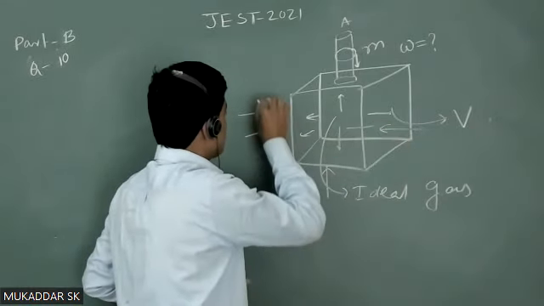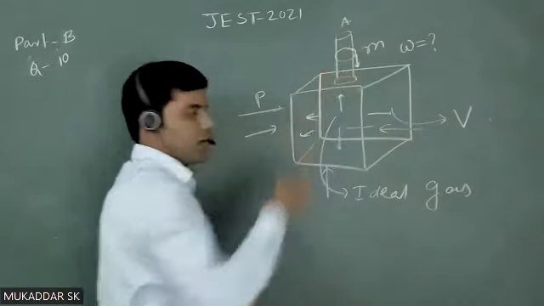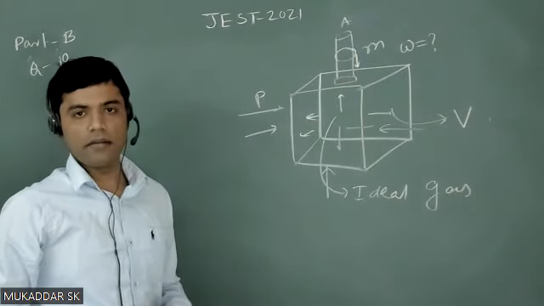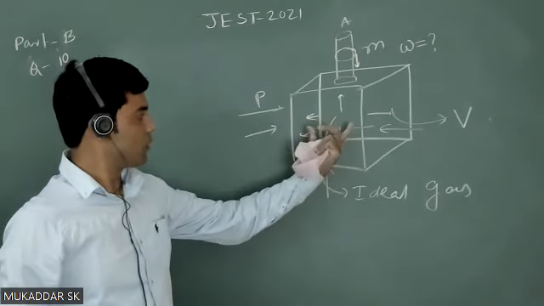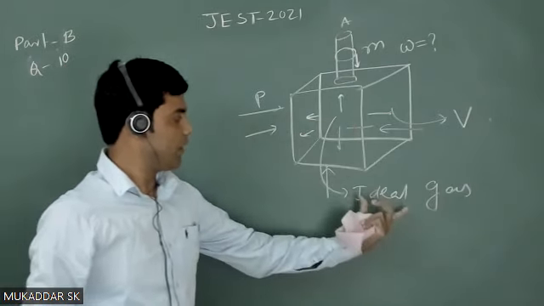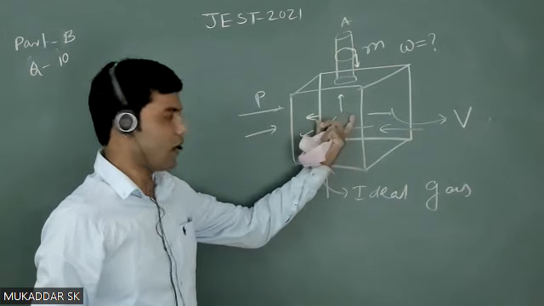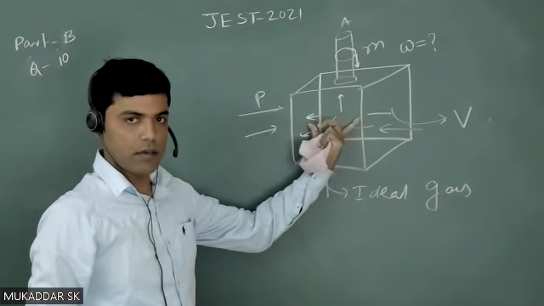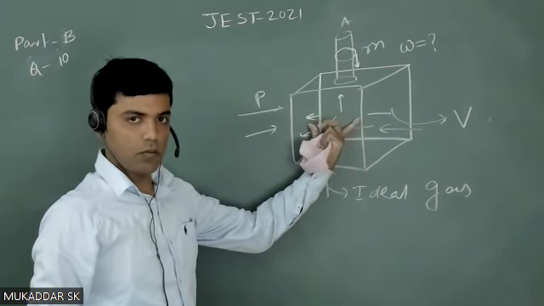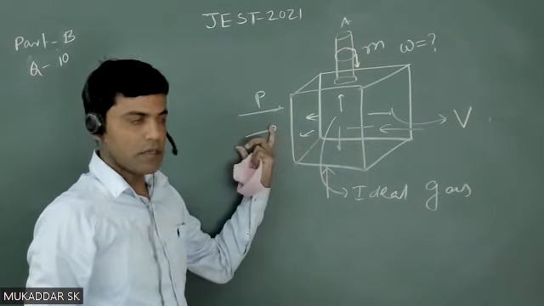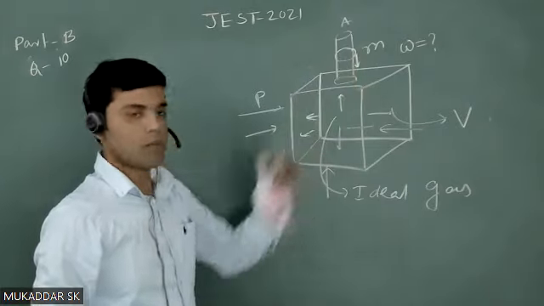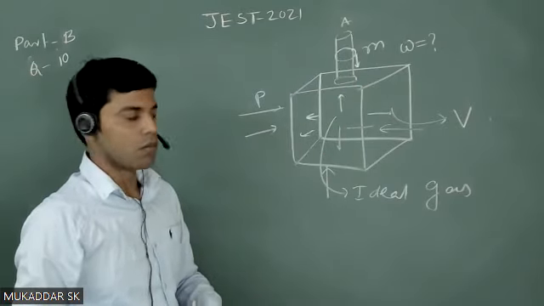One is atmospheric pressure, and another pressure acting towards the center, which is due to the mass of this ball. So the pressure due to the ideal gas inside the box, acting outward, is balancing the atmospheric pressure and the pressure due to the mass of this ball.